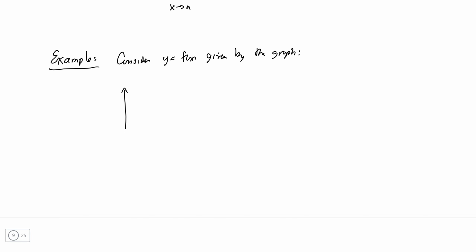So let's draw our graph here. So let's say here at 1, we're going to put a circle here and a dot here. This will be here at 2.